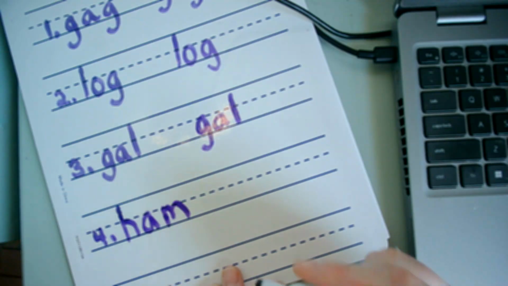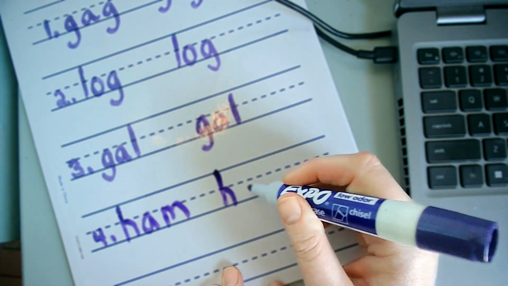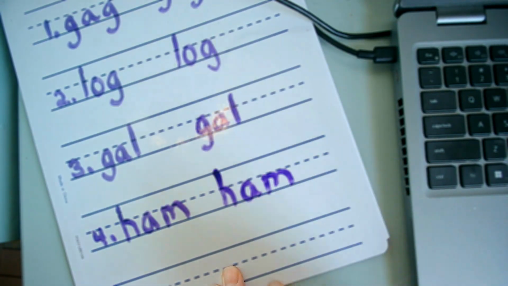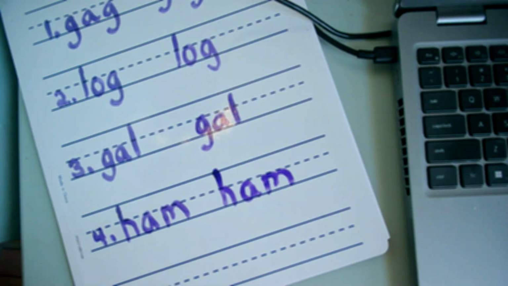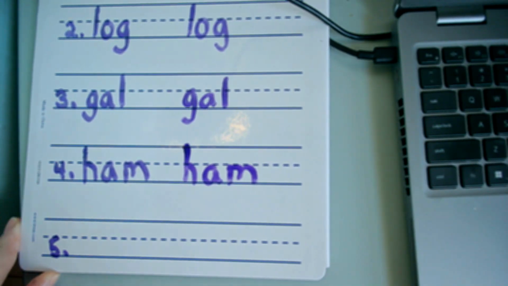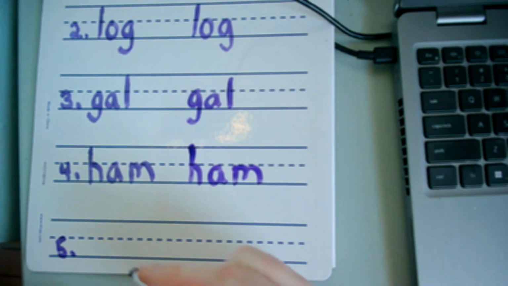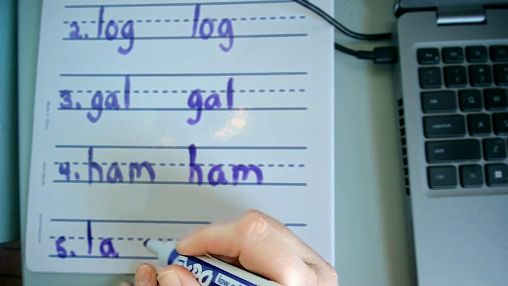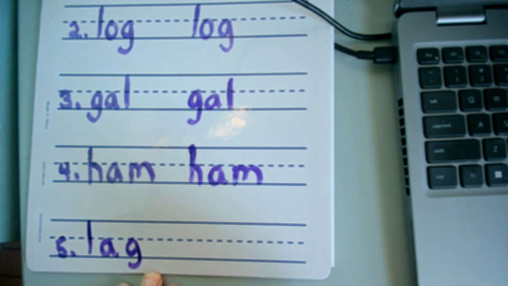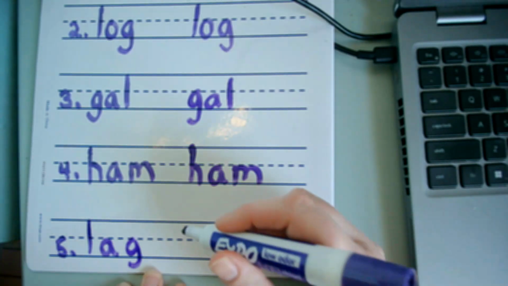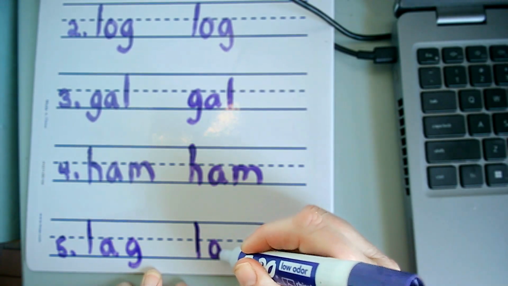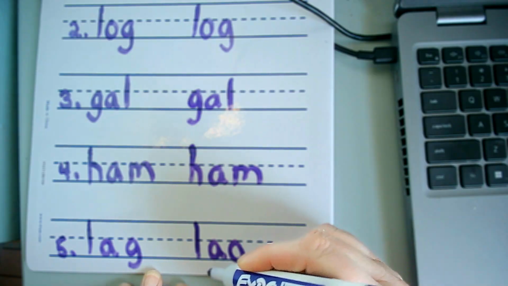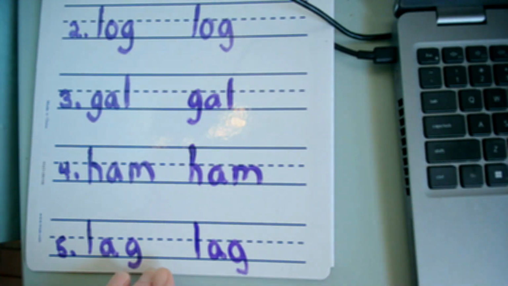Let's rewrite ham. And number 5 was lag. L, A, G. Let's rewrite lag. L-A-G. Lag.